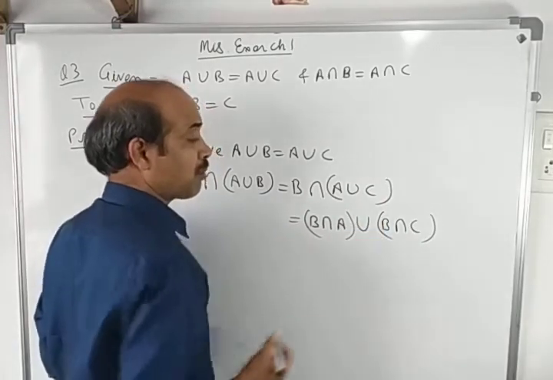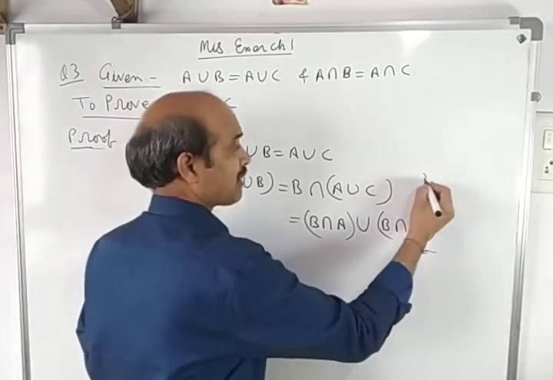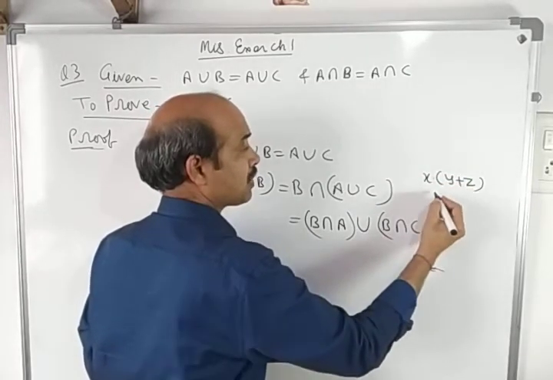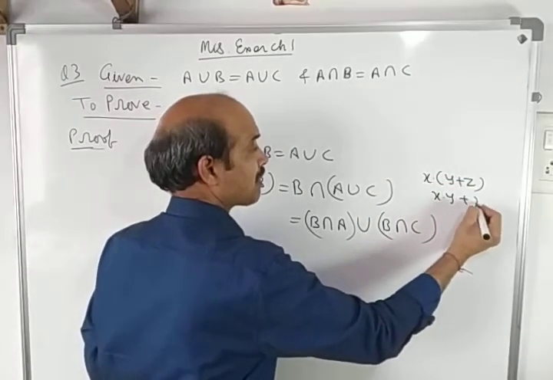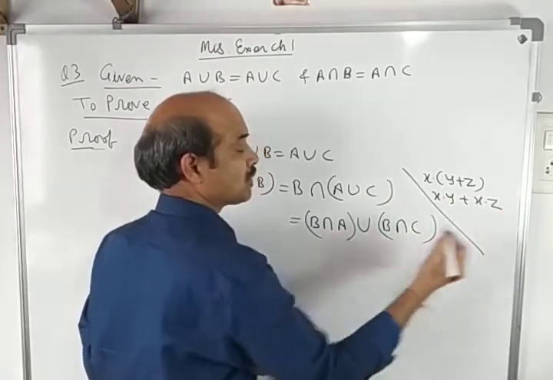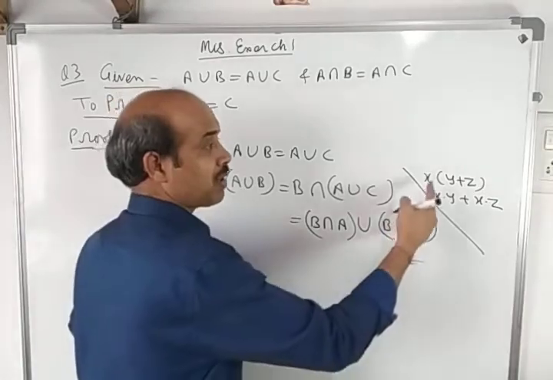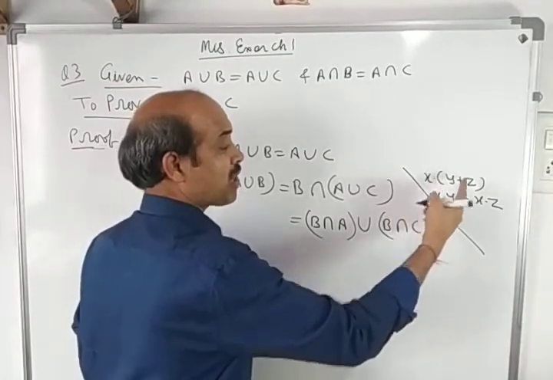It is like this: X into (Y plus Z) is X into Y plus X into Z. This is the distributive property, distributive of multiplication over addition.